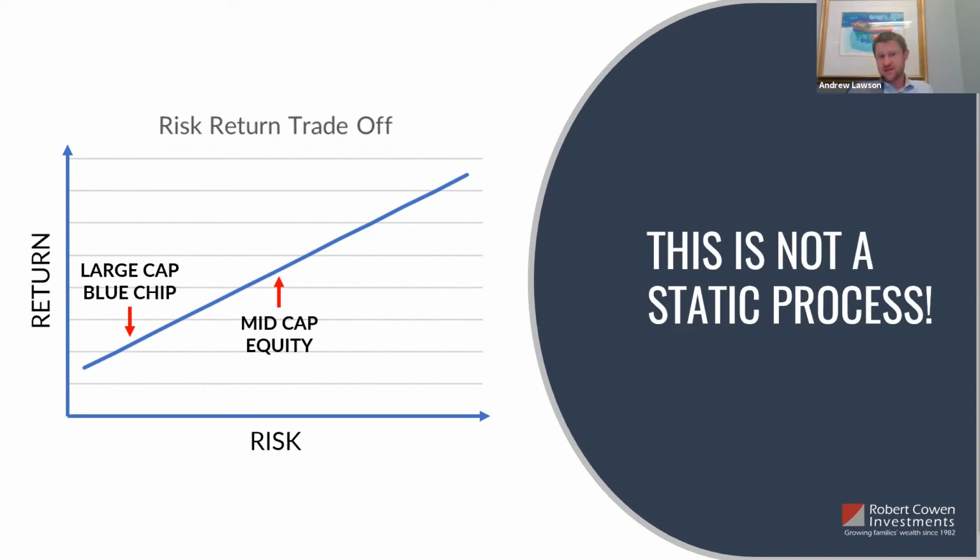Going further up that risk curve, you would have something like mid-cap equities. From a South African context, we're talking things maybe like a Dis-Chem or a Clicks or a MultiChoice, where there is more risk involved, but we do expect a higher return. The return doesn't necessarily come from income, and that is also something that we'll touch on in a minute.